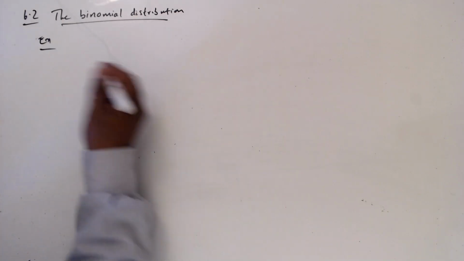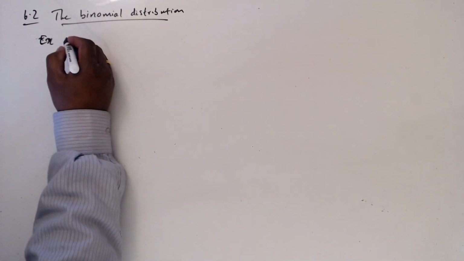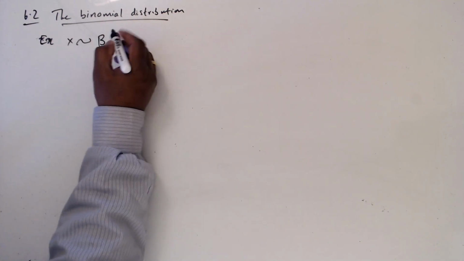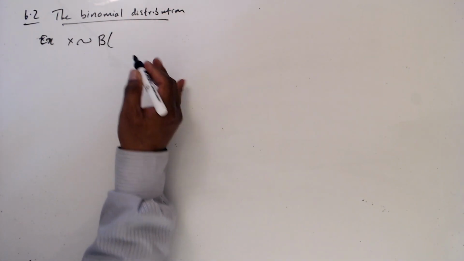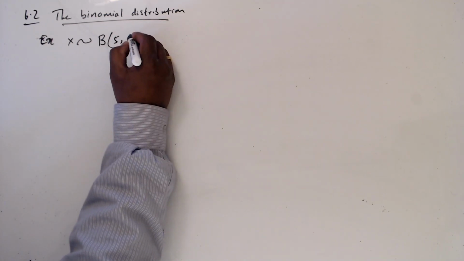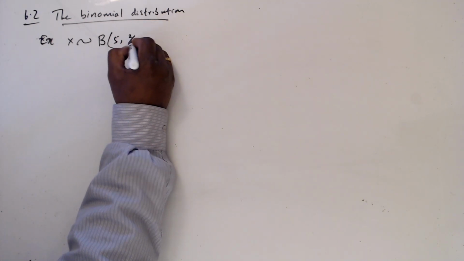I'm going to discuss one more example. The X variable follows binomial 5 and 2 out of 7.